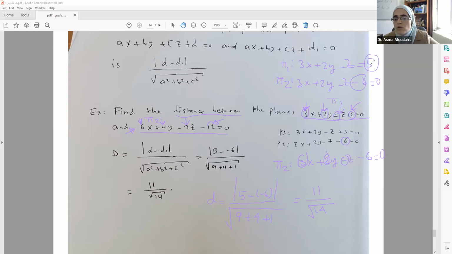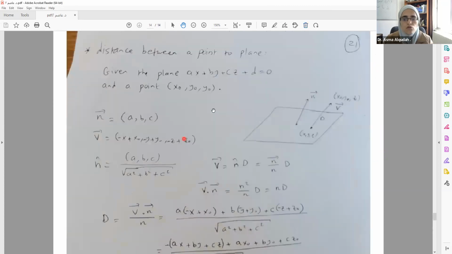You have to put the two constant terms on the same side of the equal sign. So this 5, you move it over, becomes minus 5, and this minus 6 is already on the left side of the equation. Then you use them in the equation. So this is how you find the distance between two planes.